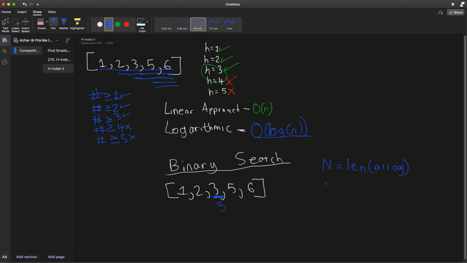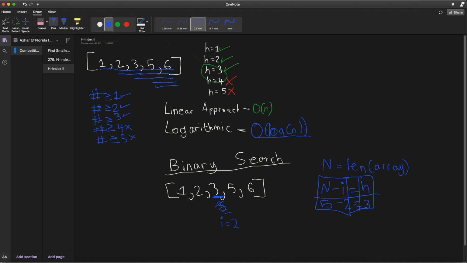So we do, let's say this, well, this is going to be i equals 2, n minus i, which is also the mid, you have it like that, right?